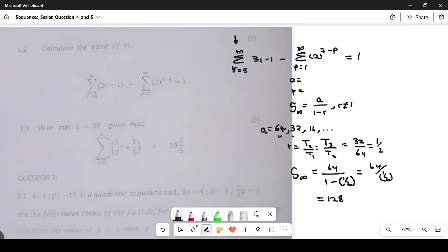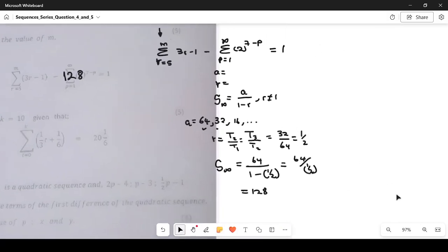So now in our equation we've got the value 128 here. I can transpose this negative 128 to the other side so that this sum is equal to 1 plus 128. Let me rewrite this in a new space so that it's much neater.